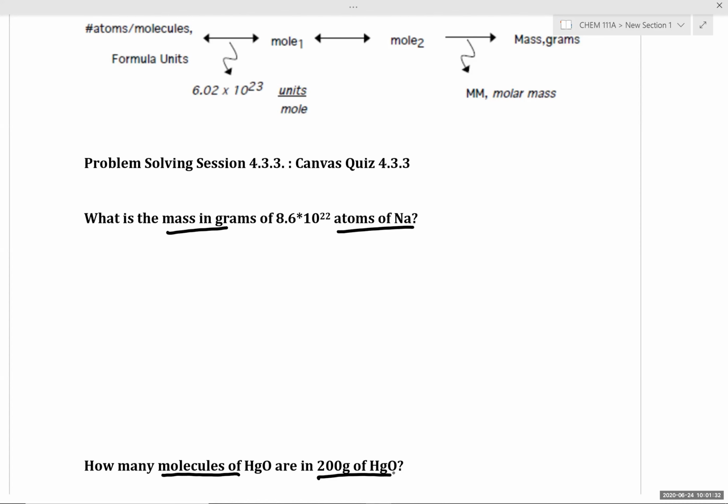And you're more than welcome to enter your responses in the chat or through Canvas, as this is found in Canvas Quiz 4.3.3. So let's spend about 4 to 5 minutes working through these 2 problems, and then we'll come together as a group to discuss. And I'll be checking to see how everyone's doing on these questions and if there are any common errors I can address.